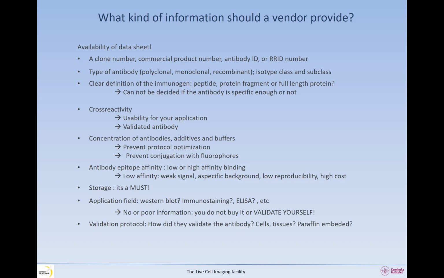And in the best cases, the companies will provide you with a protocol, and they will show how they validated the data. Here also, you will still have to ask yourself, was this validation done in cells or in tissues? If it was a tissue, was it fresh frozen or paraffin embedded, and so on. And if you don't find, or you only find half of the information, then you have to do the validation yourself. Okay.